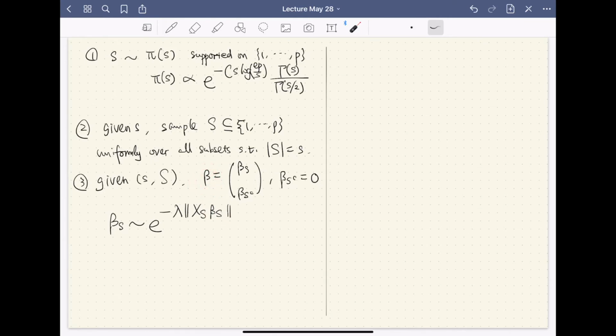So I sample the non-zero part from this distribution, and the zero part I just set to 0.